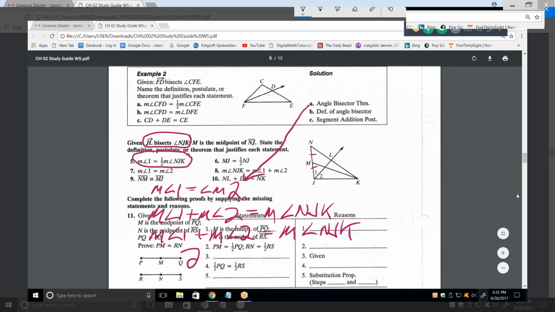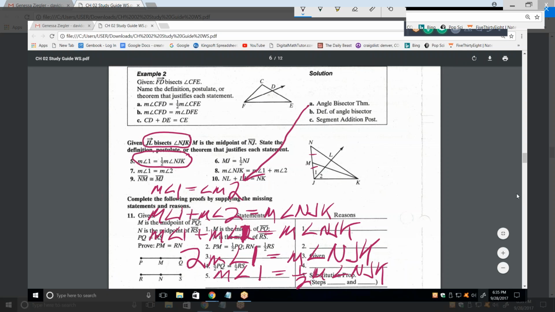And now I have 2 measurements of angle 1. That's what I meant to write. Equals the measurement of angle NJK. Now divide both sides by 2, applying the division postulate, and you get the measurement of 1 equals 1/2 the measurement of angle NJK.